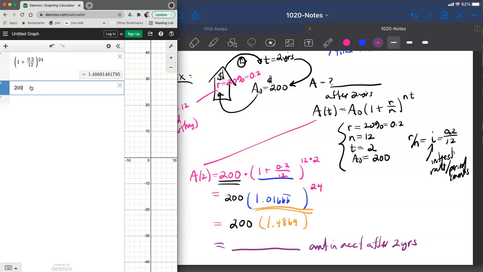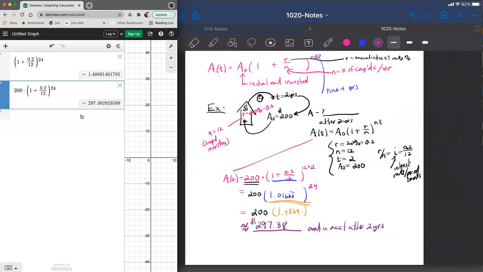How much bigger? 200 multiplied by this number. Oops, sorry, I cut and pasted wrong. Control C, Control V. There we are. So now we are going to have about $297.38. This is an approximation, since I rounded to a decimal. That is how you use the compound interest formula.